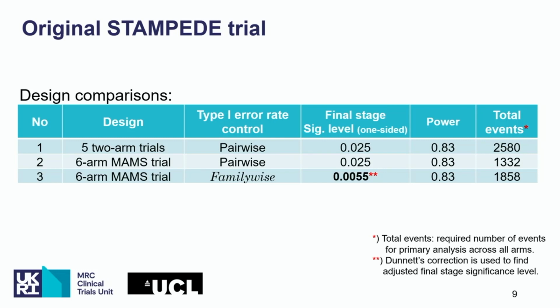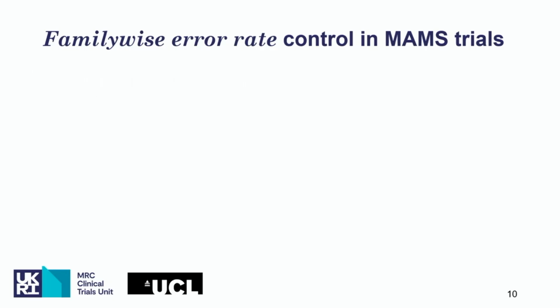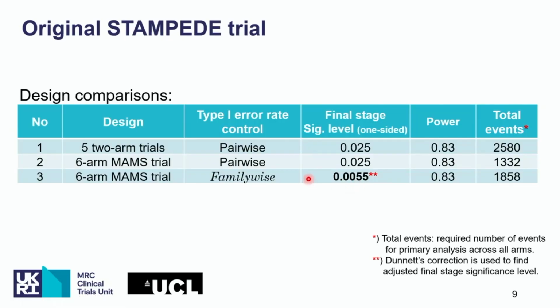So we can see that there is a big difference in sample size and efficiency, depending on whether your target type 1 error rate is pairwise or family-wise. We saw that the family-wise error rate is driven, in fact, by the number of pairwise comparisons. If you look at that table, the significance level multiplied by the number of pairwise comparisons gives you 2.5%.